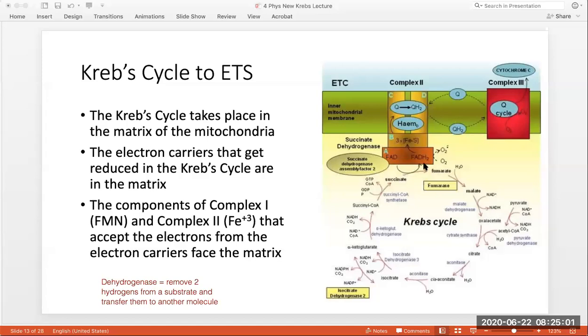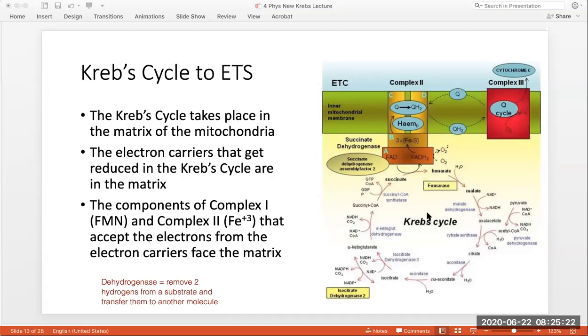So I wanted to go over that to show you how these metabolic pathways, where they're located and why the location of them is so important. The components of complex 1 and complex 2 that accept the electrons are again going to face the matrix.